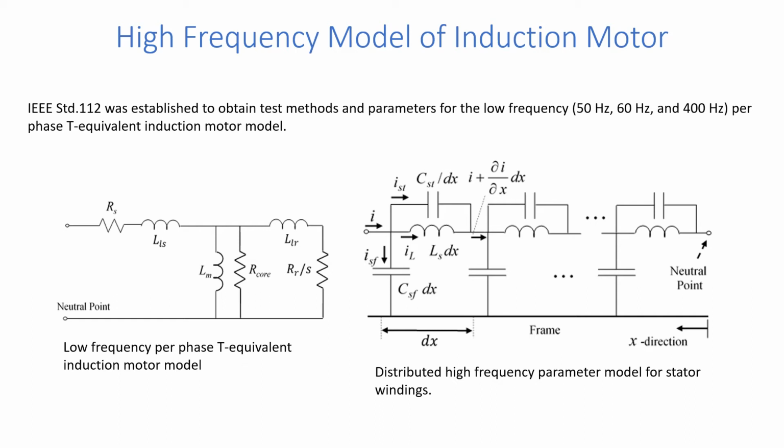But we can see later on that the rotor has no impact at high frequencies, and only the first couple of turns of the stator winding are going to contribute to the motor model at high frequencies.